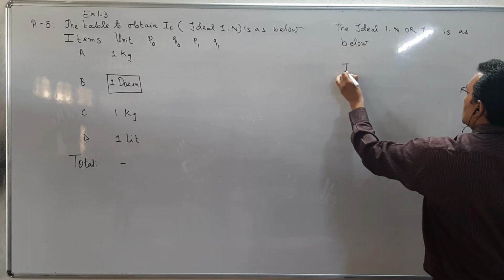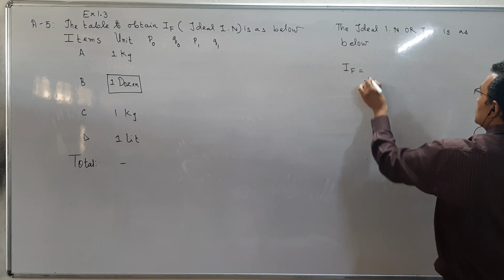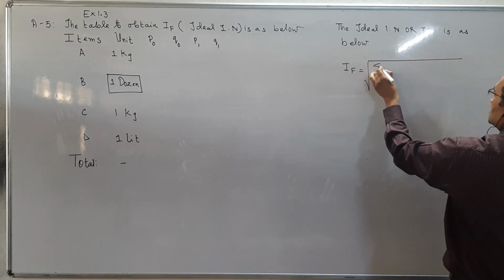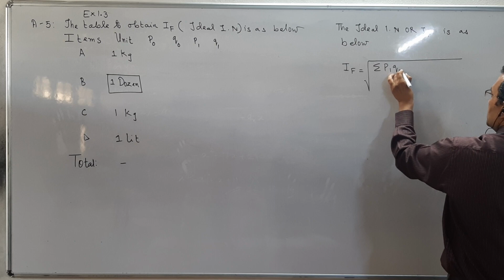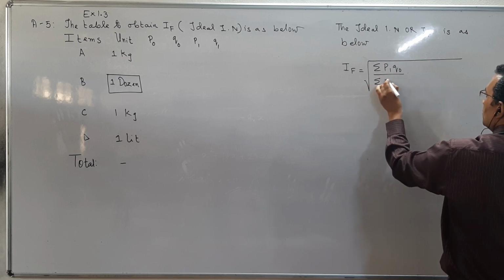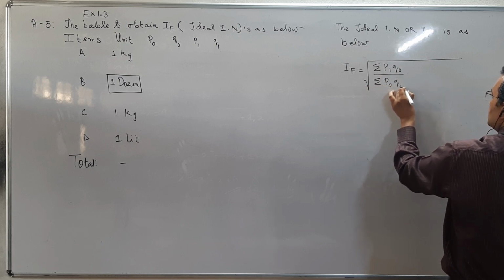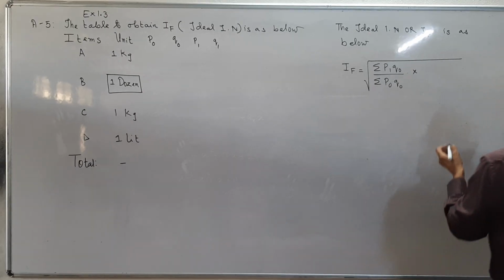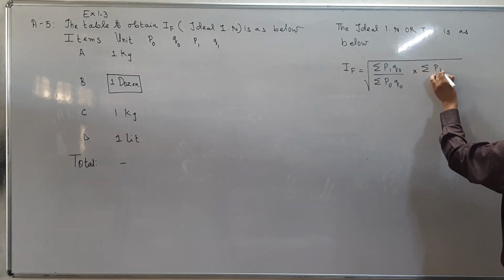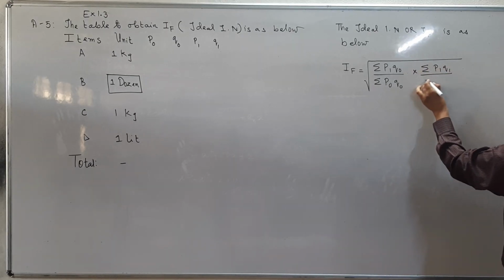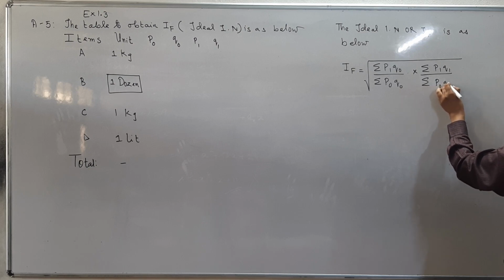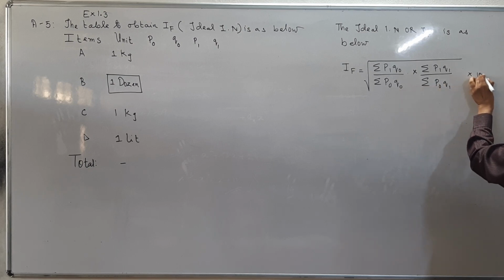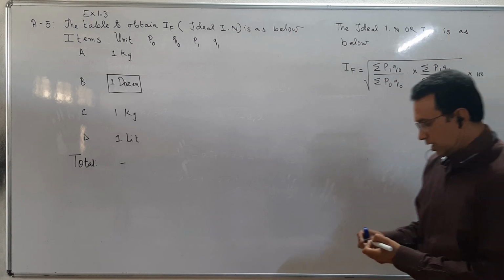The formula is IF is equal to the square root of sigma P1Q0 upon sigma P0Q0 into sigma P1Q1 upon sigma P0Q1, into 100. The 100 will be right outside.